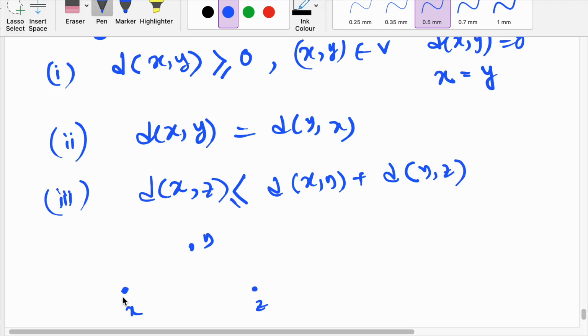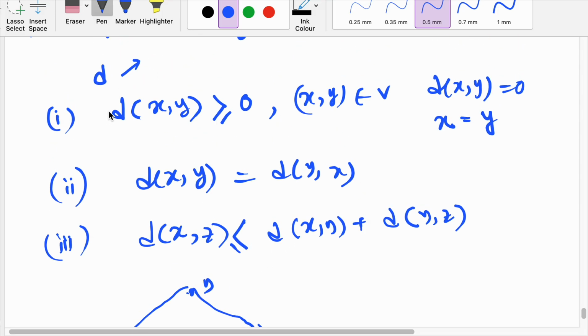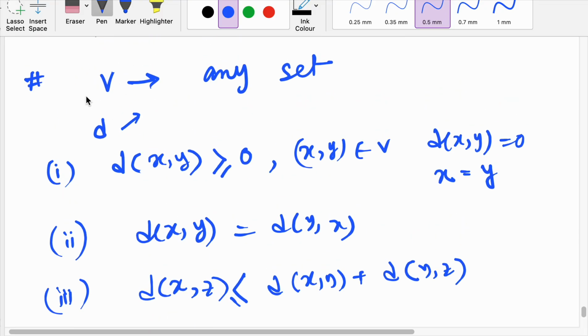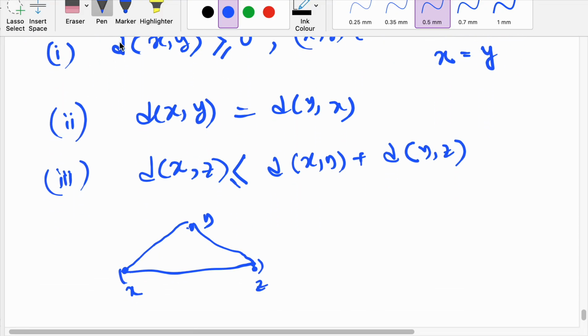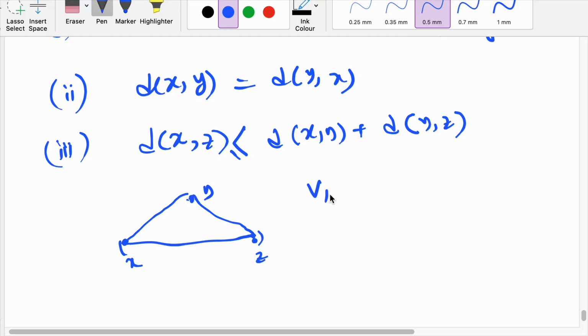So if I go through the point y, it says that the distance between x and z is always less than the sum of d(x, y) and d(y, z). So if I can find a distance, then this set will be called a metric space. And for any metric space, we say (V, D) is a metric space.